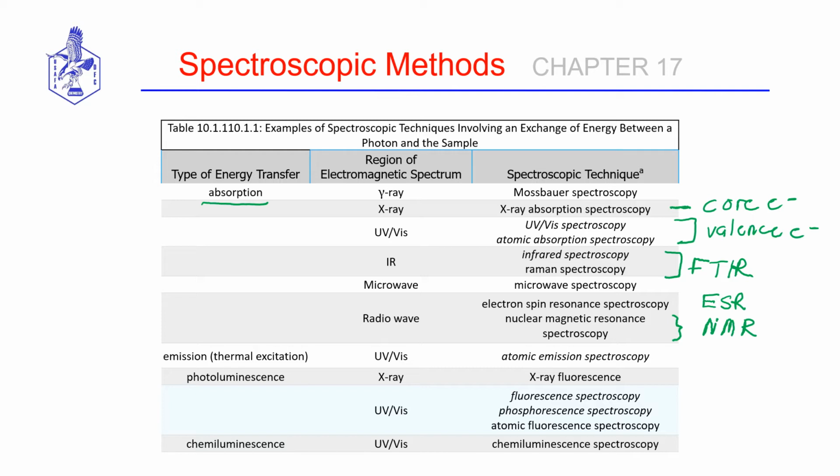We can look at the emission of light after we excite it, and that gives rise to techniques such as X-ray fluorescence, XRF. And then we have other types: fluorescence, phosphorescence, and atomic fluorescence, as well as chemiluminescence.